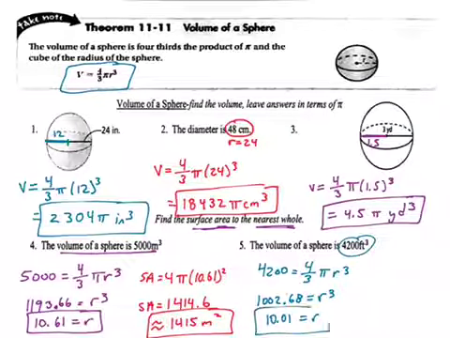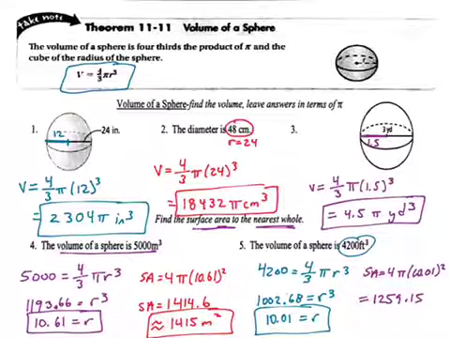Now that we know our radius, we're going to plug this into the surface area formula. So 4 times pi times 10.01 squared. In this case, our surface area comes out to be right around 1,259.15. But if we're rounding to the nearest whole number, 1,259 feet squared is where we'll round it off to.